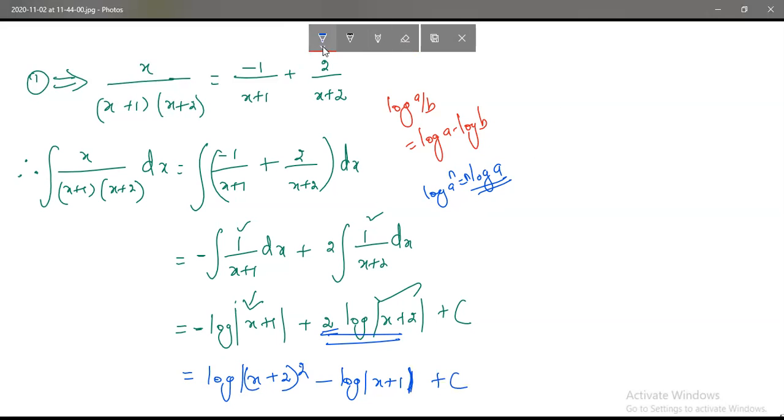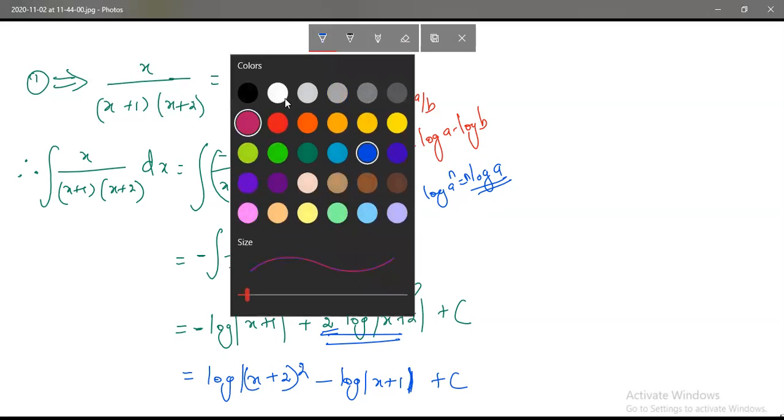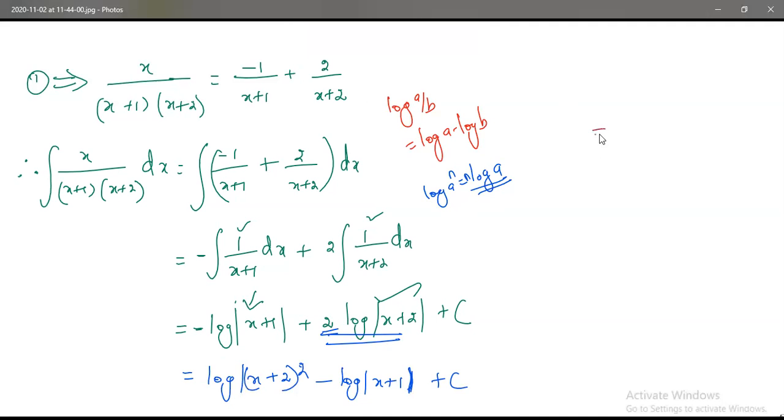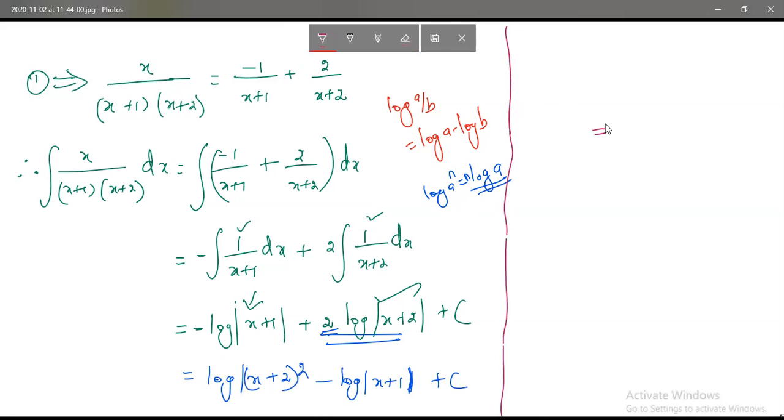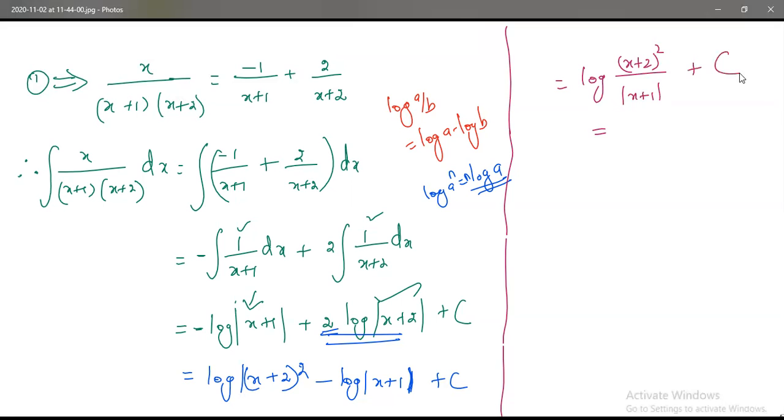And so that is equal to, in that method, log a by b, x plus 2 the whole square by mod x plus 1 and then plus c.